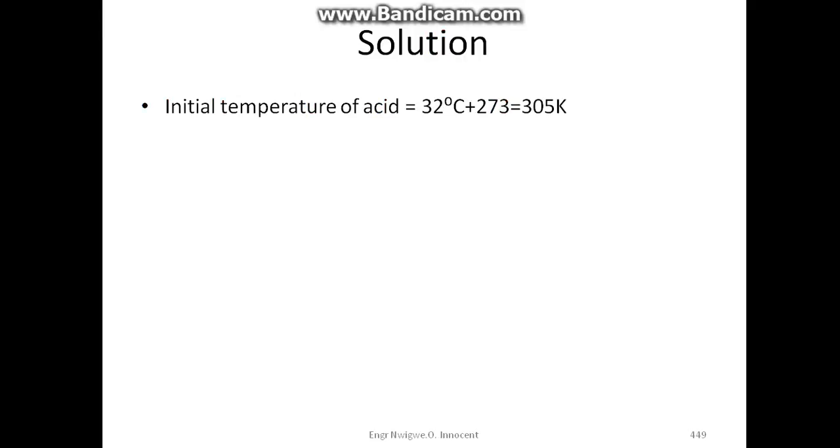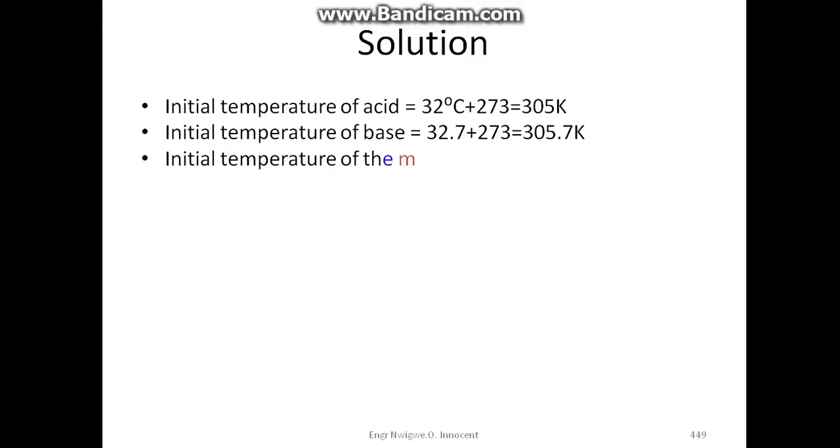Solution. Initial temperature of acid is equal to 32 degrees centigrade plus 273 to give 305 Kelvin. Initial temperature of base is equal to 32.7 plus 273 to give 305.7 Kelvin.